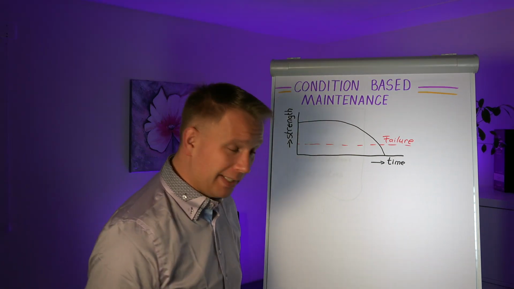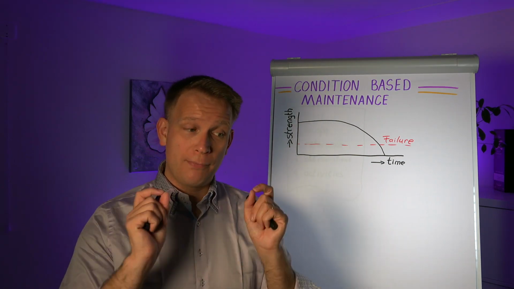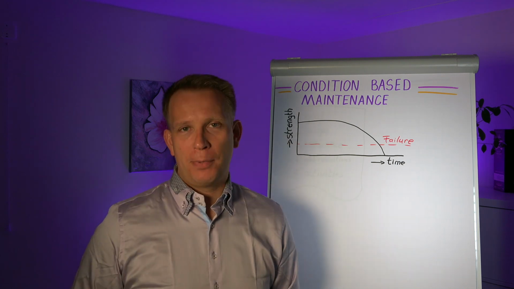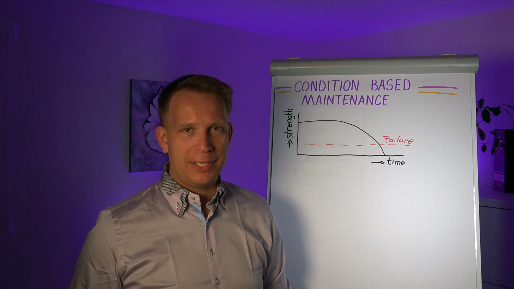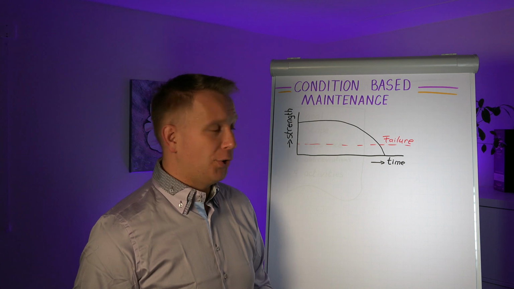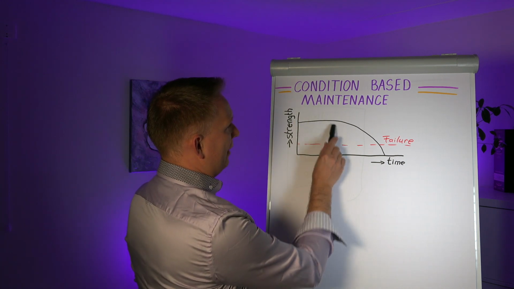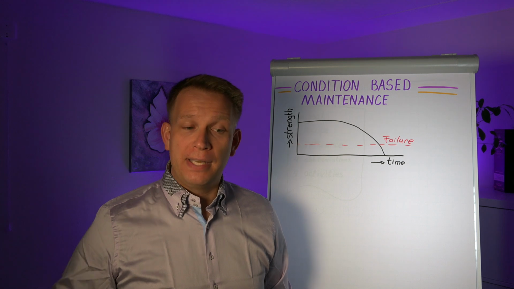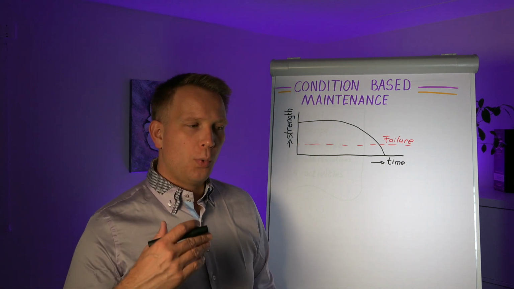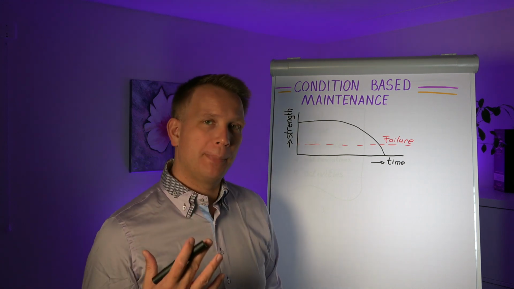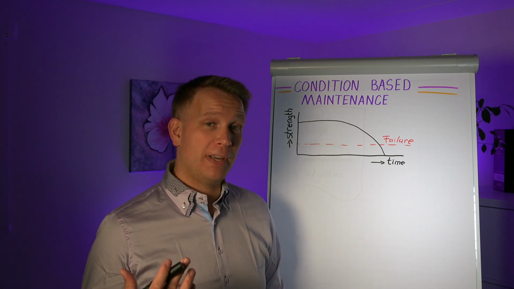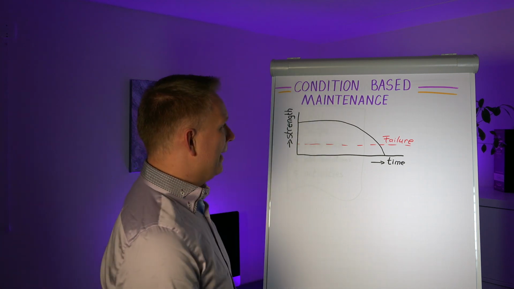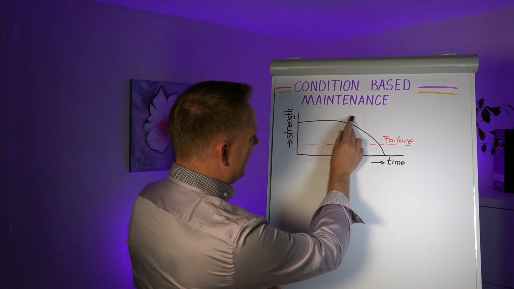But for condition-based maintenance, we assume that we're working with parts where if they stop the process, that process really is expensive. But we still don't want to be replacing it here and there again, because that would be too expensive in how often we replace it. So what we need to put in place, and this is not something that the manufacturer will usually give you, is some way to detect it here already.